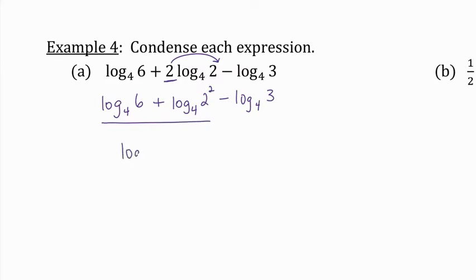So we'll get log base 4 of 6 times 2 squared, and then we've got minus log base 4 of 3. And here's where we might want to simplify that expression a little bit. 2 squared is 4, and then 6 times 4 is 24, right? So I can rewrite that as log base 4 of 24.